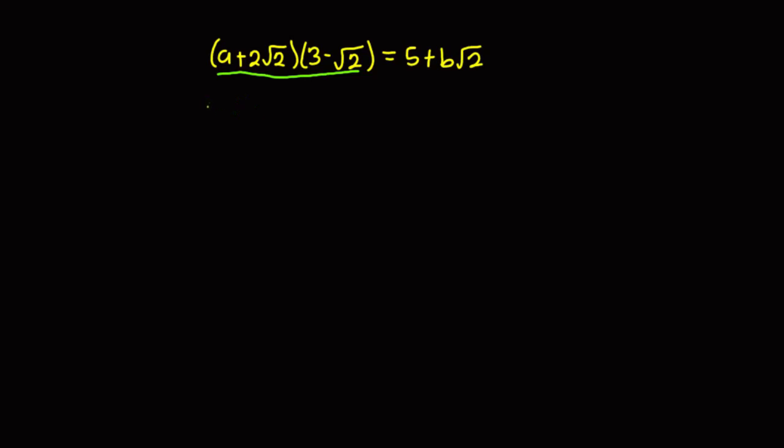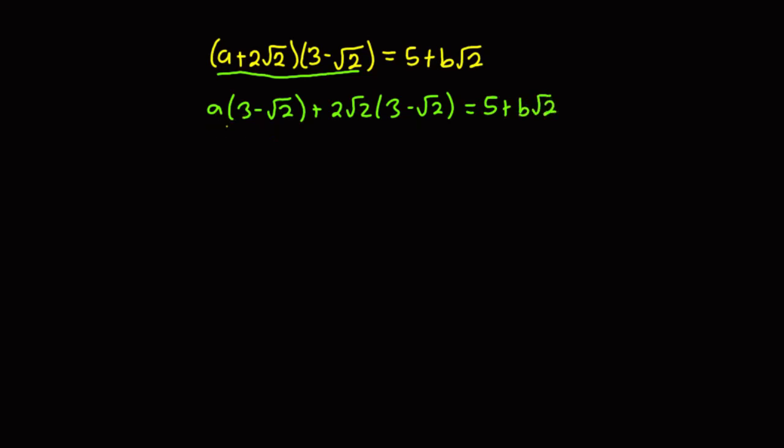If we expand, we are going to get a into bracket 3 minus root 2, plus 2 root 2 multiplied by 3 minus root 2, and this is equal to 5 plus b root 2.